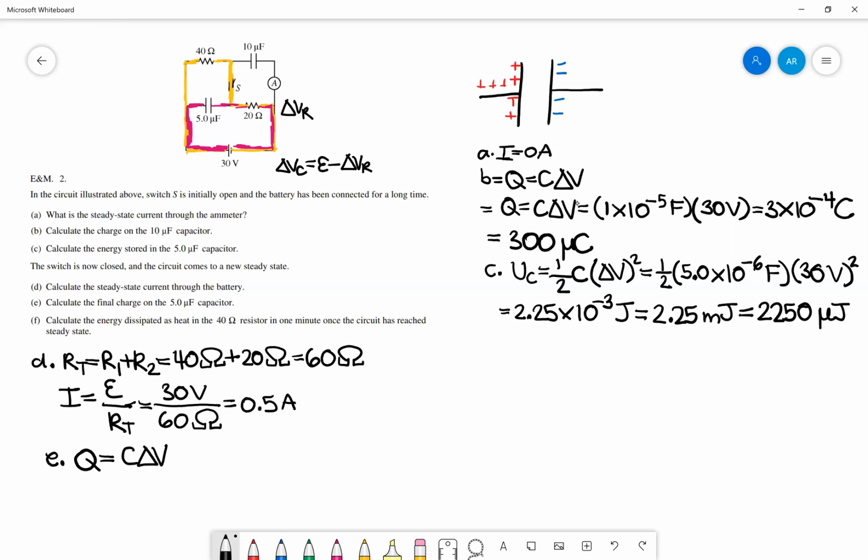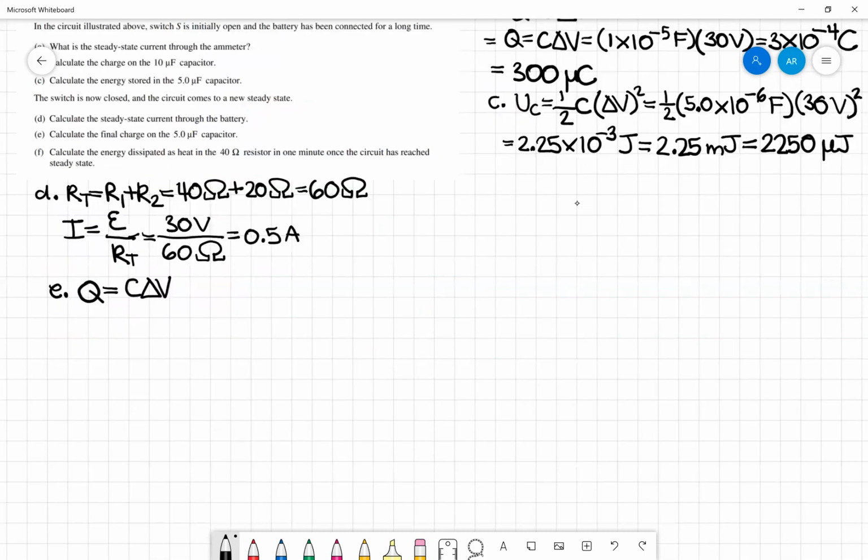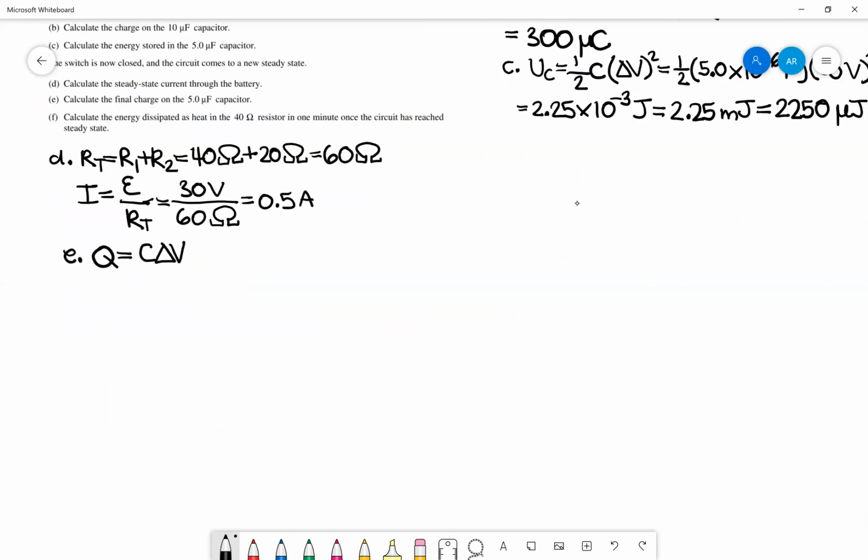The voltage across the resistor can be found using Ohm's law that we have used earlier. Now, instead of finding the current as we did in part D, we're going to find the voltage across the resistor. Let's make it a little more clear.